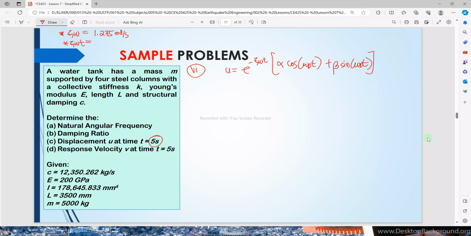So the 1.235 and 5 seconds is equal to 6.175, and our omega d is equal to 0.689 radians per second, and the omega dt is equal to 3.445 radians.